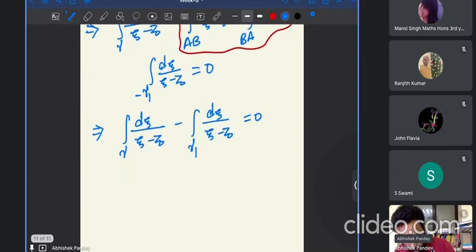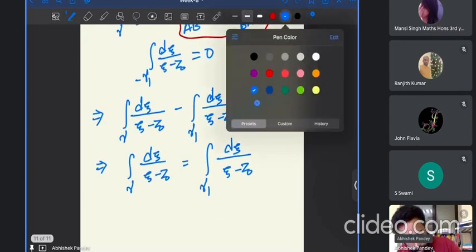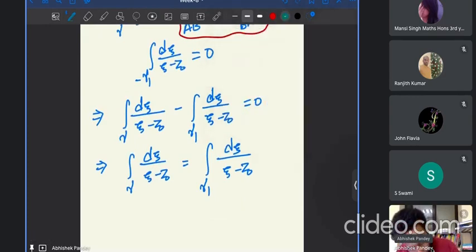So this means that the integral over gamma d xi upon xi minus z naught is equal to the integral over gamma 1 d xi upon xi minus z naught. Now the integral over gamma 1 means here the green curve which I have written as circle gamma 1. This gamma 1 is considered like this, so it is positive direction.